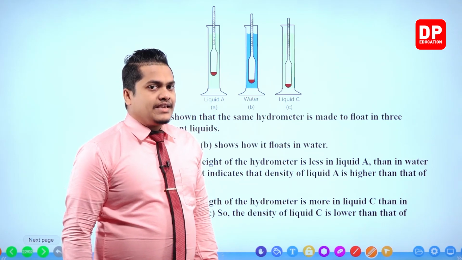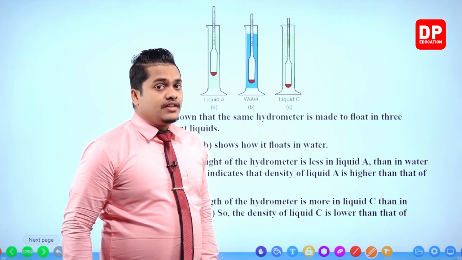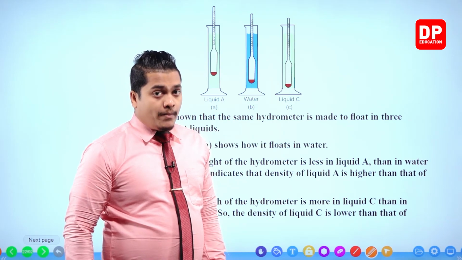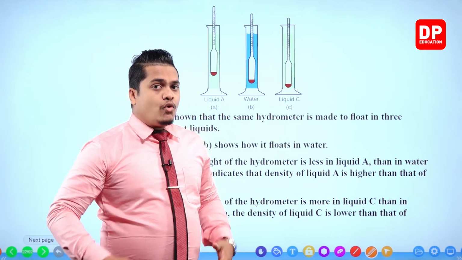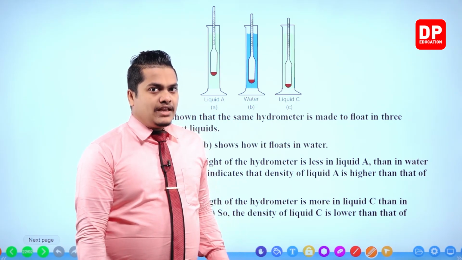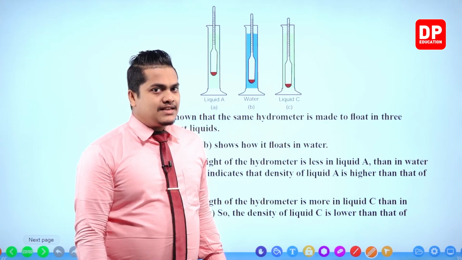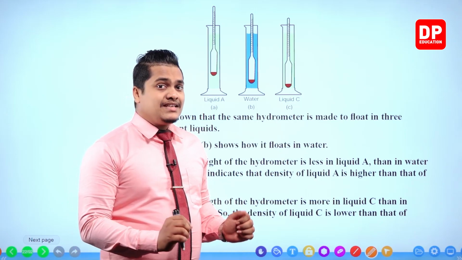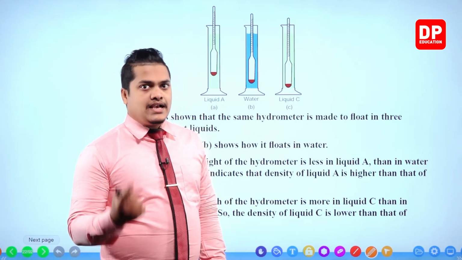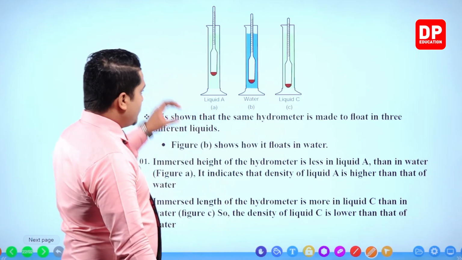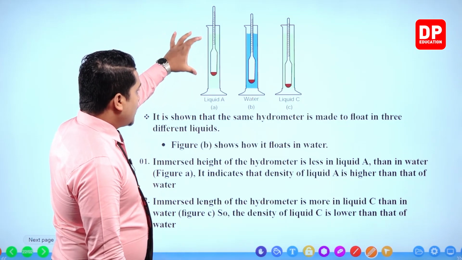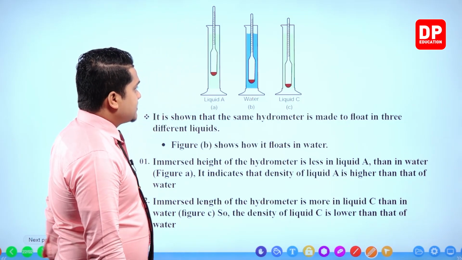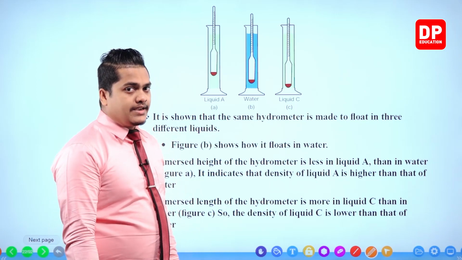But if you are taking the sinking part, then the relationship would be the opposite. That means if more part is sinking within the liquid, then it has a lesser density. If a lesser part is sinking within the liquid, then it has a higher density. So here lesser part is getting sunk, so therefore it has a higher density. The liquid A has higher density.